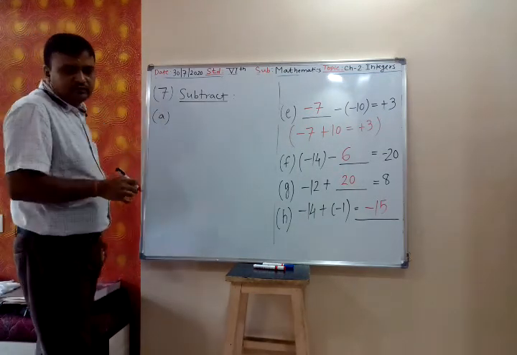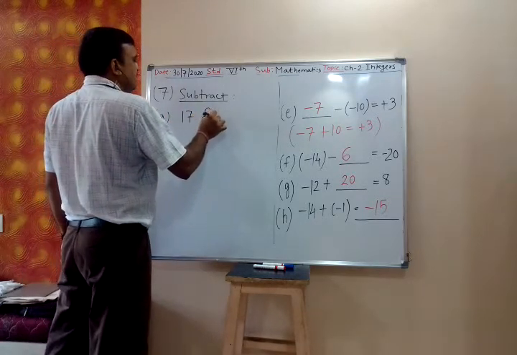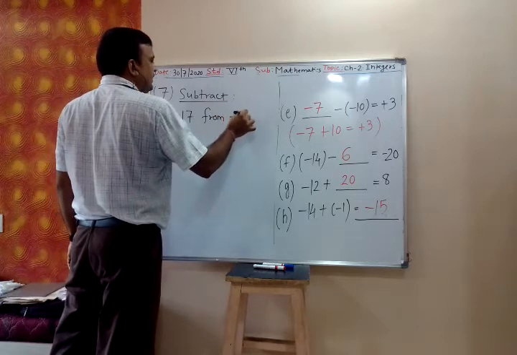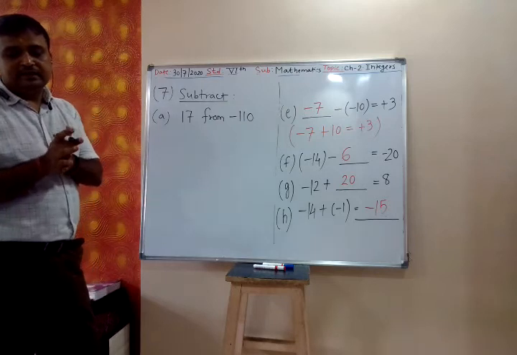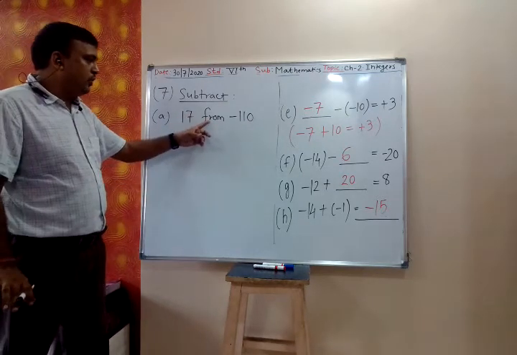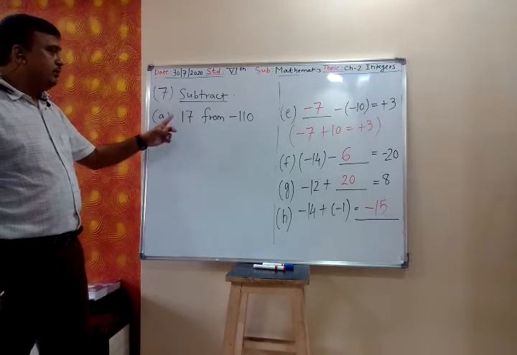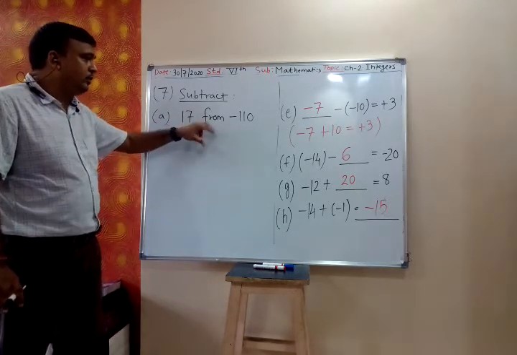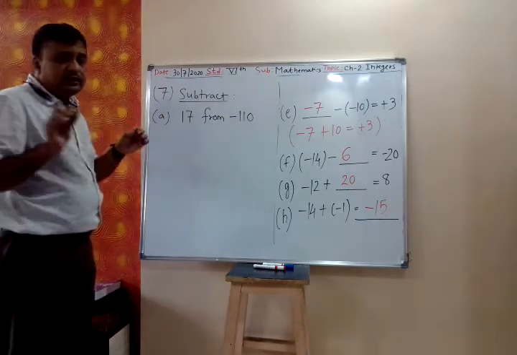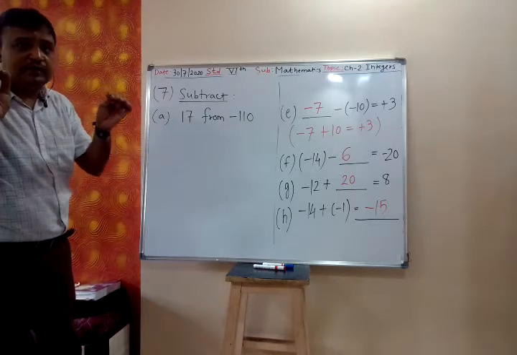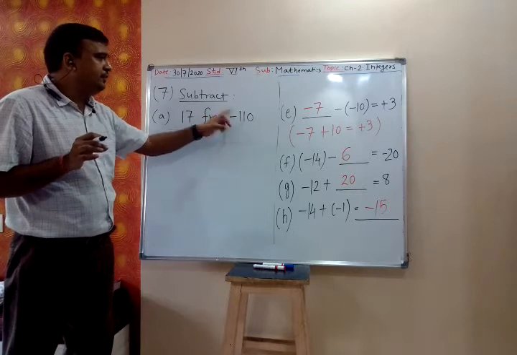Subtract 17 from minus 110. Subtract means minus. This is important. We want to subtract 17, but from which number? Minus 110. In this type of question, whichever number is after from, that we write first.